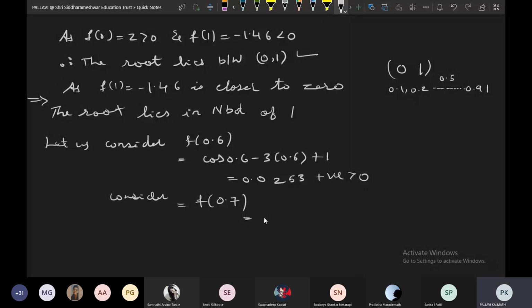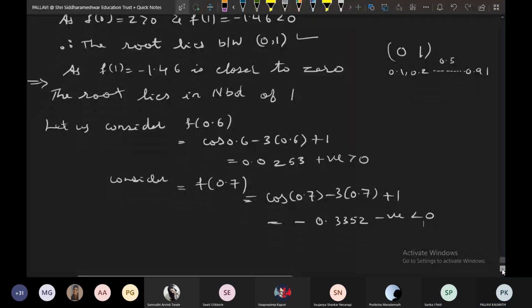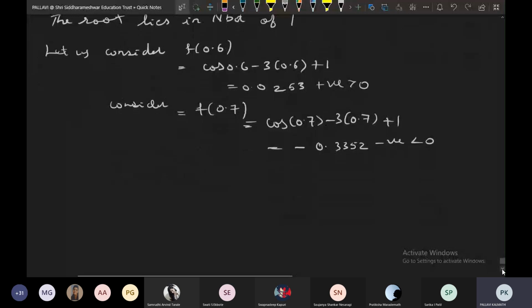So what you are substituting? Cos of 0.7 plus 1, and the answer is minus 0.3352. Is it correct? Yes, ma'am. Have you got the same answer? Yes, ma'am. Okay. So f of 0.6 is positive and f of 0.7 is negative.